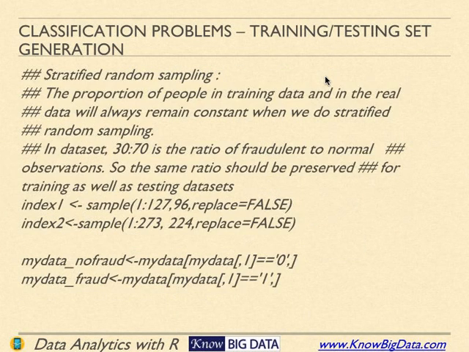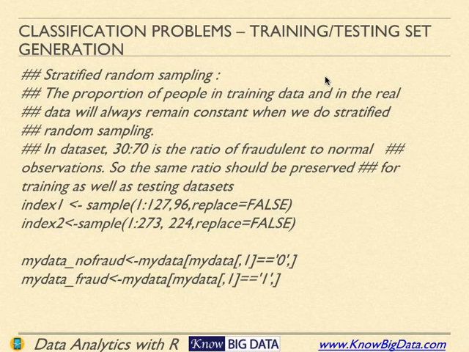So we prepared two data sets. After stratified random sampling, the proportion of the training data and the real data will always remain constant. In the data set, 30-70 is the ratio of fraudulent to normal data, so the same ratio will be preserved for training as well as testing cases.